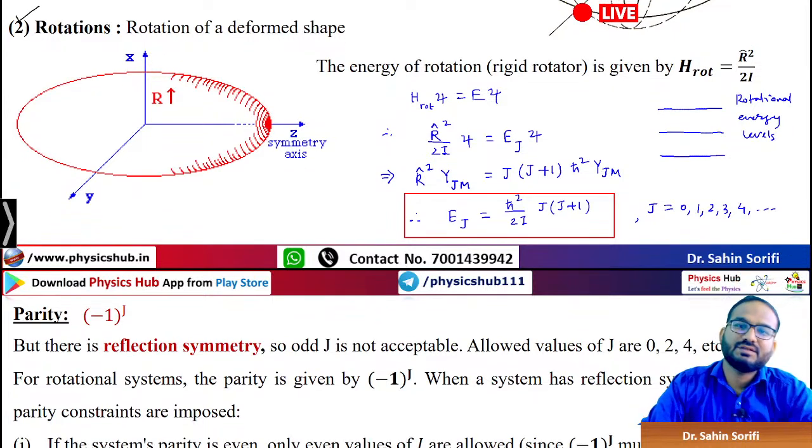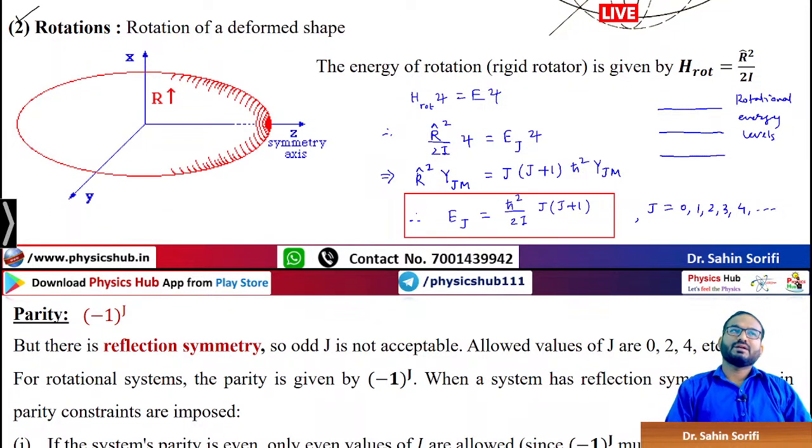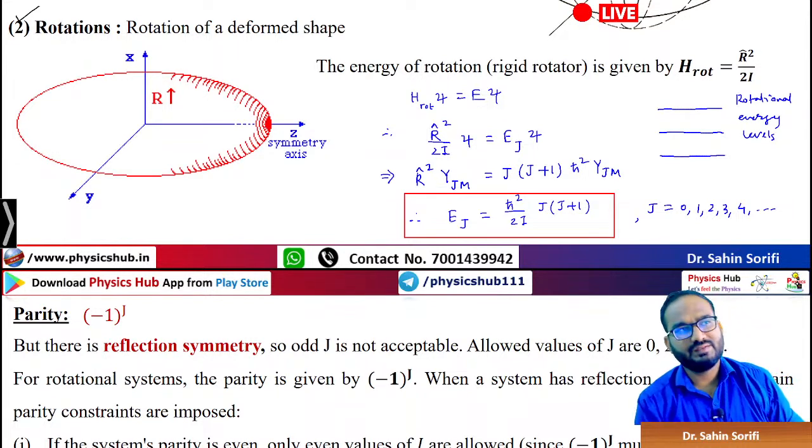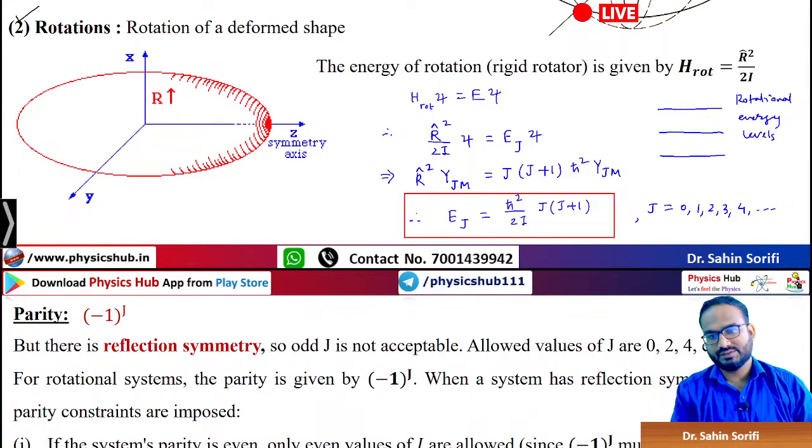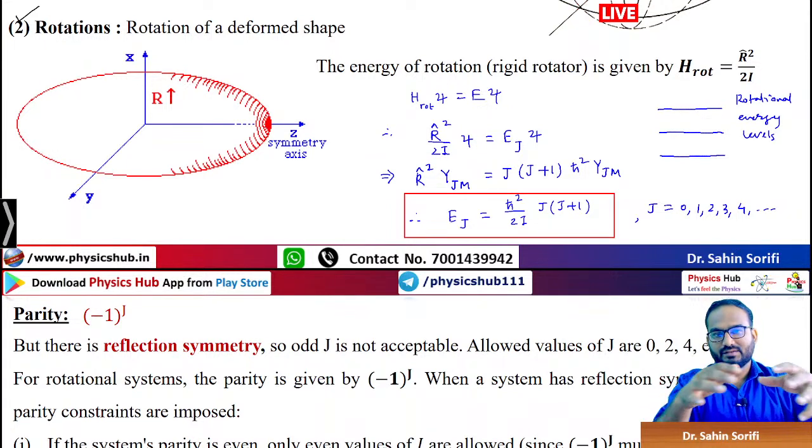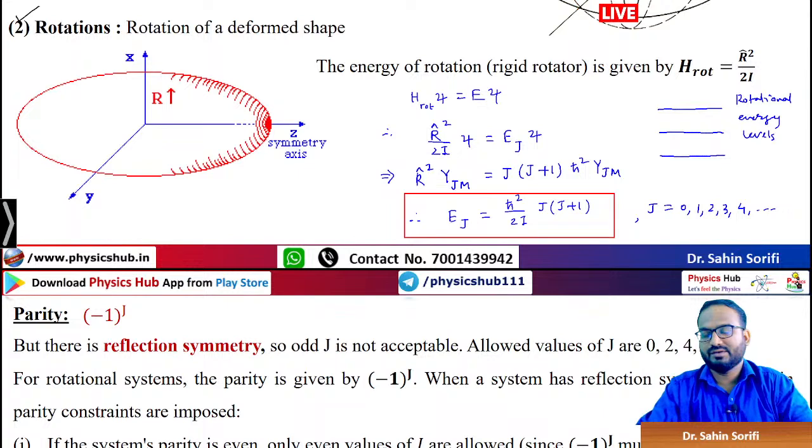What is surface oscillation? Imagine something which is able to deform. Consider a polythene bag filled with water, not completely filled, so it can be deformed into different shapes. Once it is spherical, then it is like a rugby ball, then it is like this. So you can imagine it in this way.